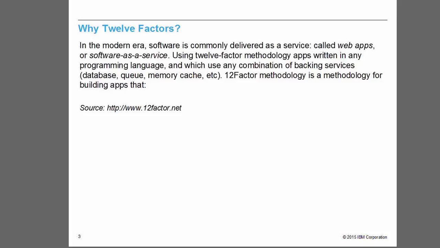Before going into what the 12 factors are, we want to see what we mean by 12 factors. It is a methodology for developers to follow when building modern web-based applications or software as a service, or any apps that are written in any language.